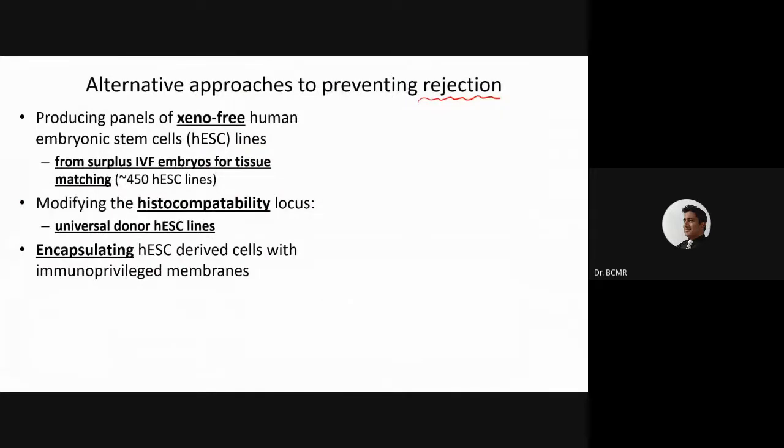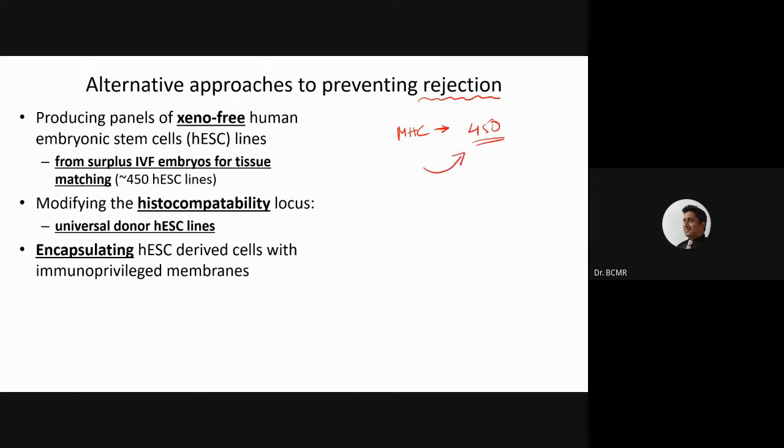So the other ideas provided were, say, graft rejection typically happens because of MHC molecules and so on. And if we try to see what are all the combinations possible for MHC and so on that are involved in immunogenicity, there are about 450 combinations.